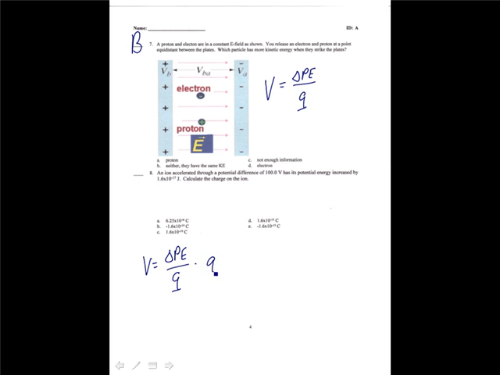So Q, which is what I want to know, is equal to delta PE over V. That's 1.6 times 10 to the minus 17 joules over V, which is 100 volts. And that gives me 1.6 times 10 to the minus 19 coulombs, which is a proton. And that is answer C.